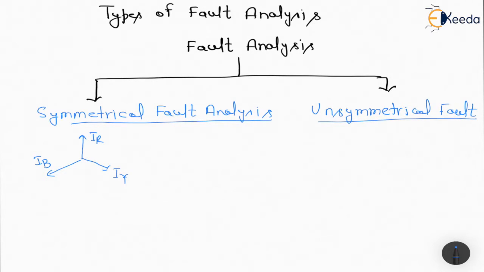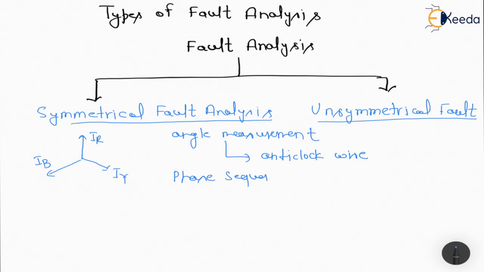We need to understand here that the angle measurement is done anti-clockwise, and the phase sequence is always clockwise. You always need to remember these two points when studying fault analysis. Angle measurement is done anti-clockwise and the phase sequence is clockwise.